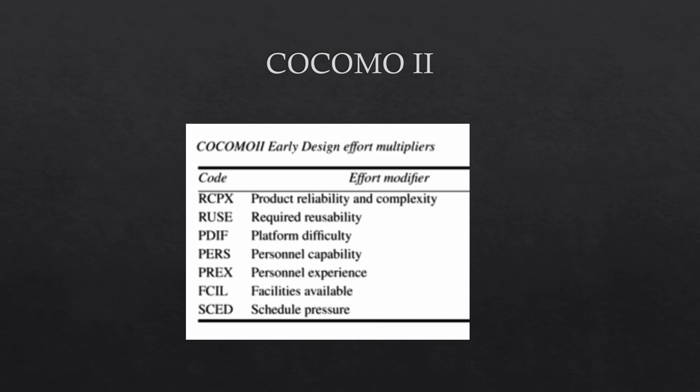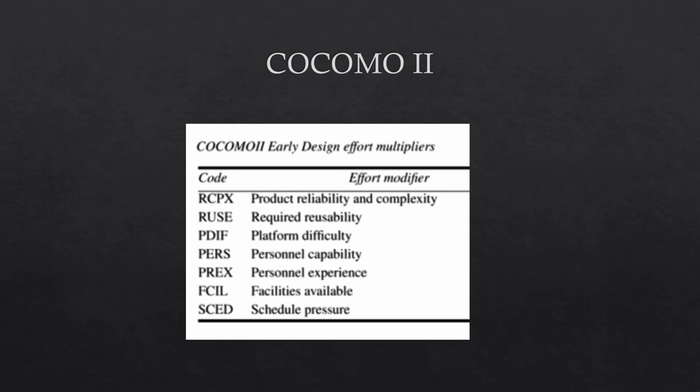In the COCOMO II model, the effort multipliers are similar in nature to the development effort multipliers used in the original COCOMO, or the previous version we have already seen.